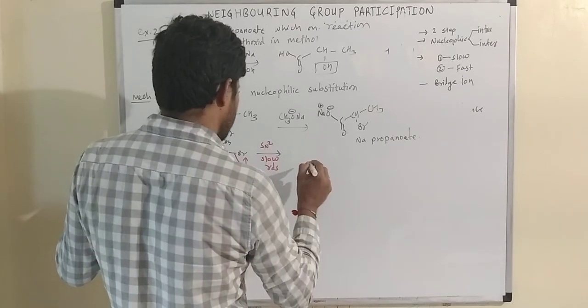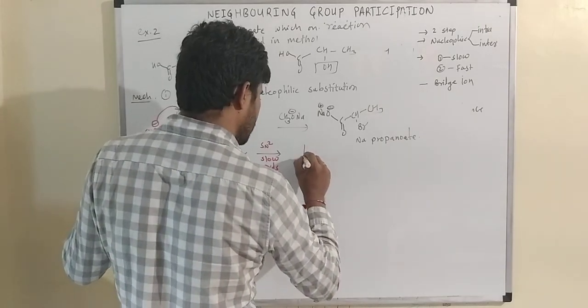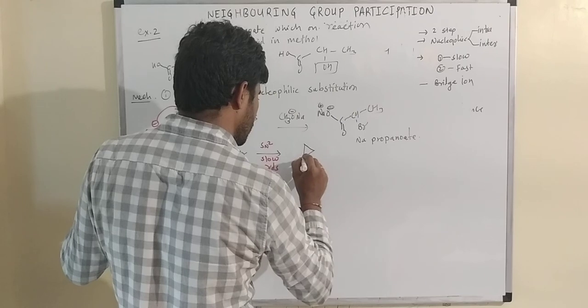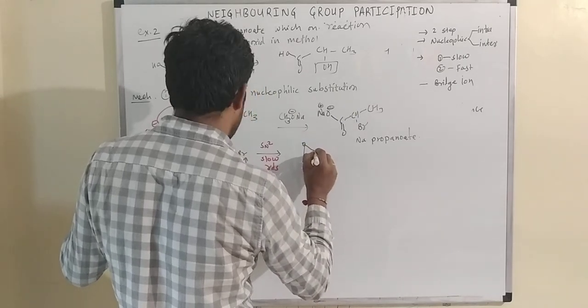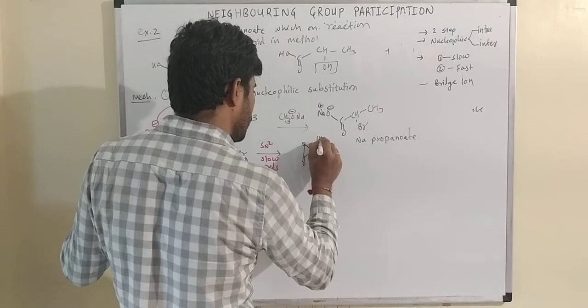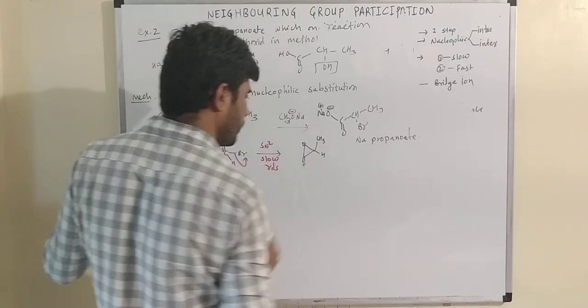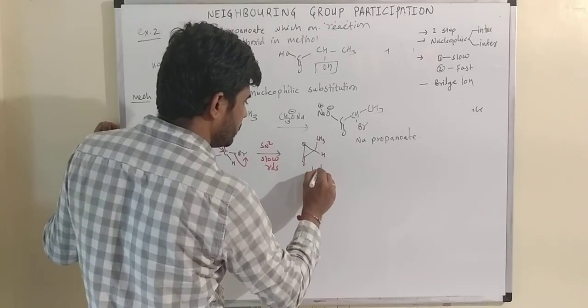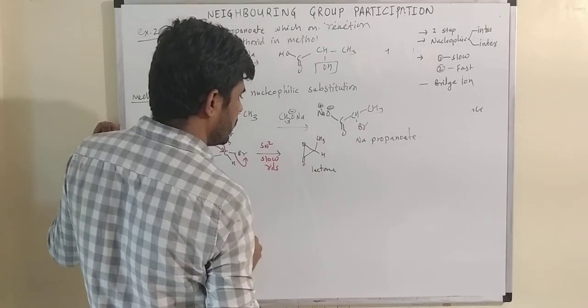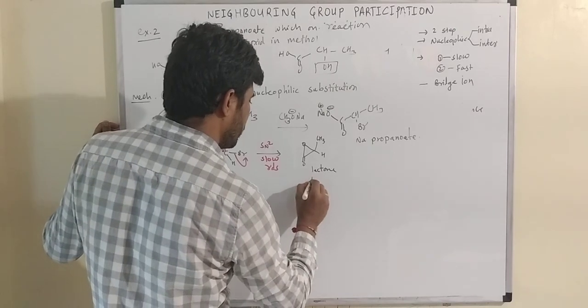Now the product is this, with a double bond and this oxygen. Here this is the methyl group and this is hydrogen. So this is a kind of lactone. It is a bridge ion.